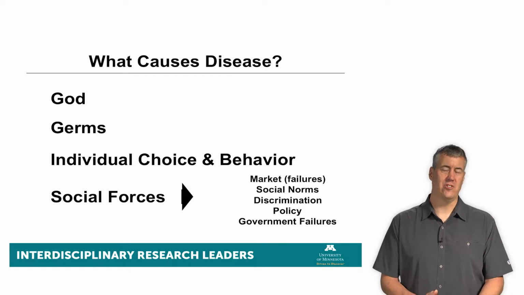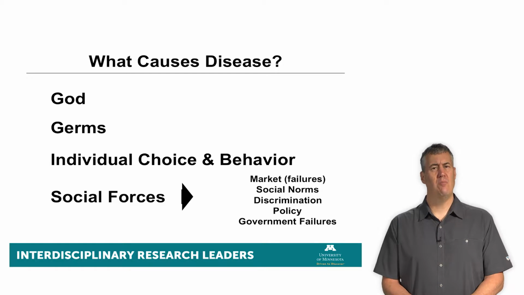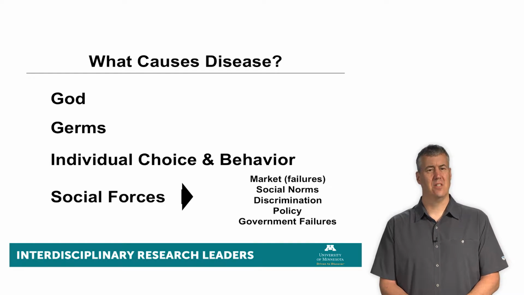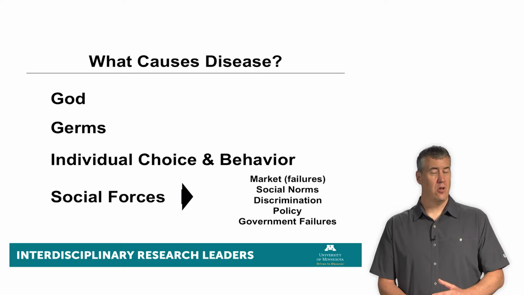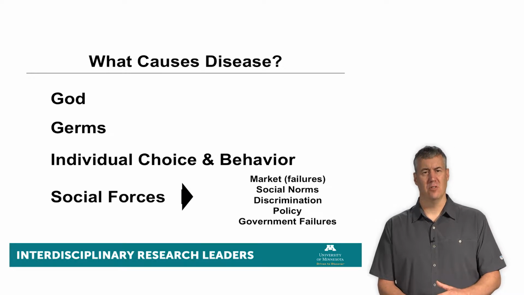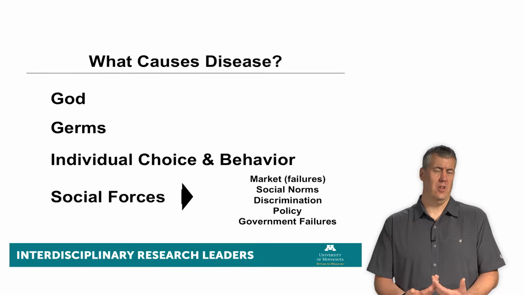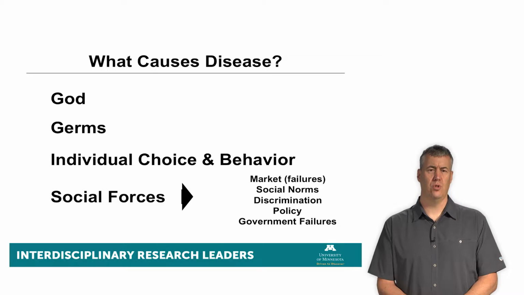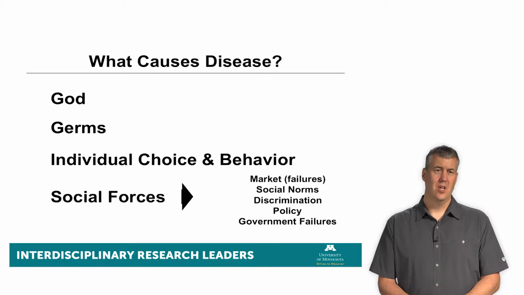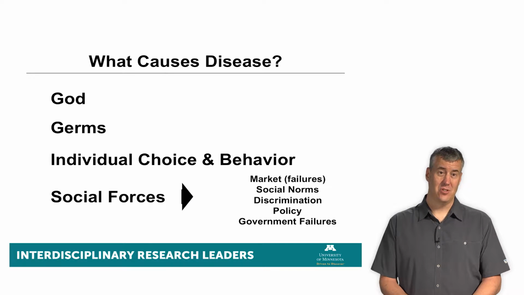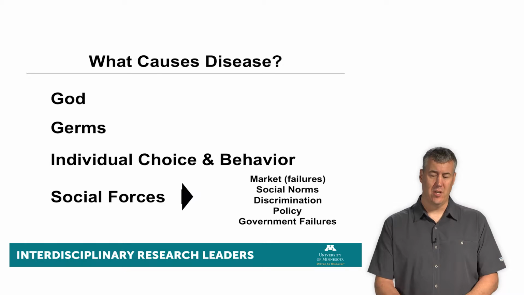I smoke cigarettes, I ran marathons. Whatever I'm doing, one's choice, food we eat. But there's also social forces, global market forces, social norms, discrimination, policy, government efforts, and government failures. All of these things can be sort of lumped into this idea of social forces. So what causes disease? My answer is yes, all of these things. And it's a matter of perspective on how we want to understand them.